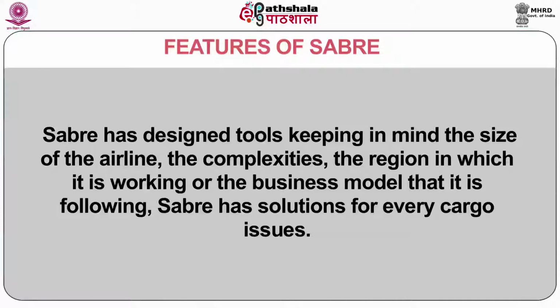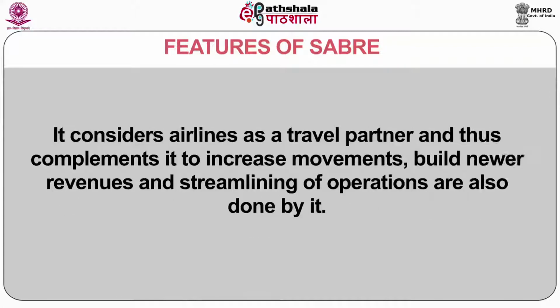Sabre has designed tools keeping in mind the size of the airline, the complexities, the region in which it is working or the business model that it is following. Sabre has solutions for every cargo issue. It considers airlines as a travel partner and thus complements it to increase movements, build new revenues, and streamline operations.